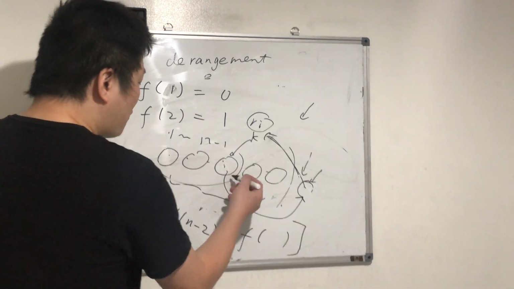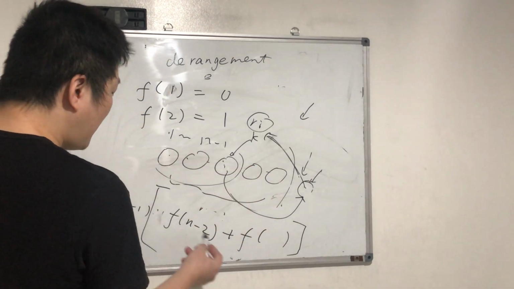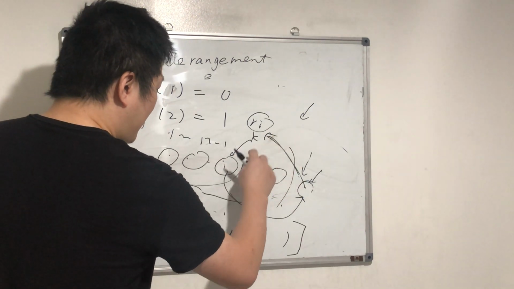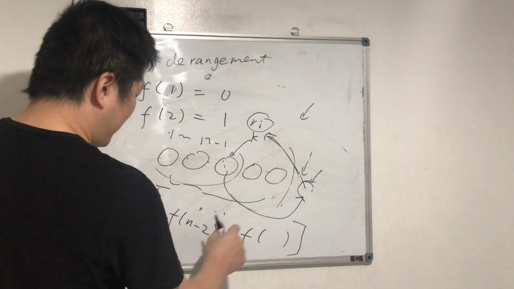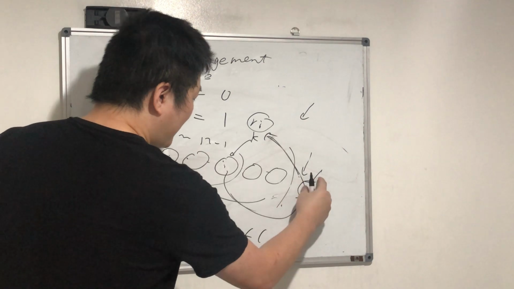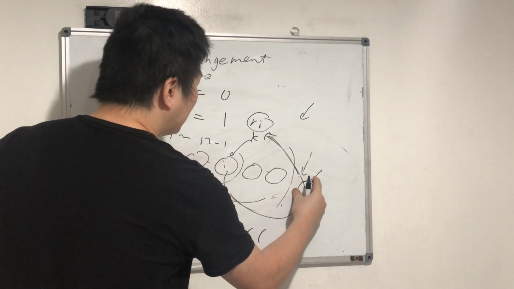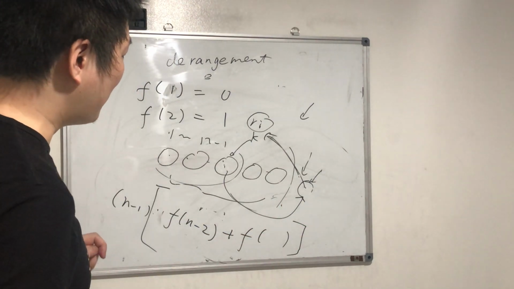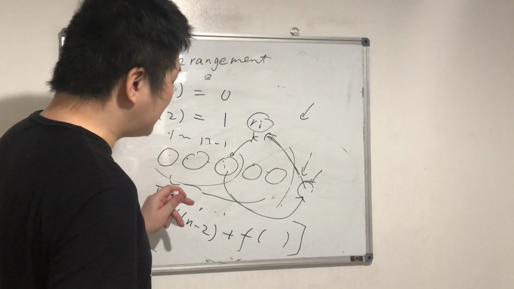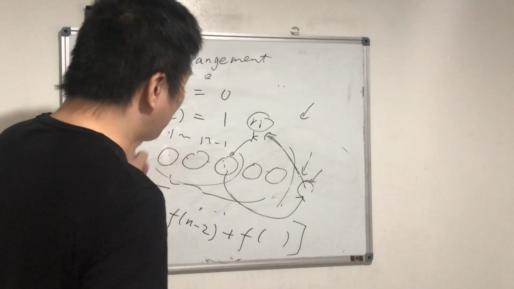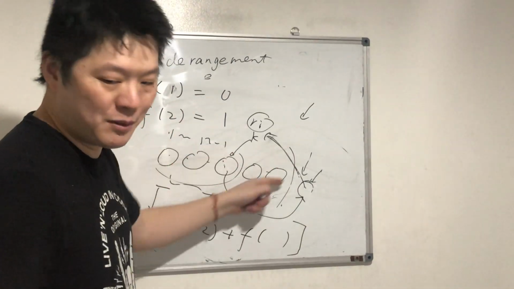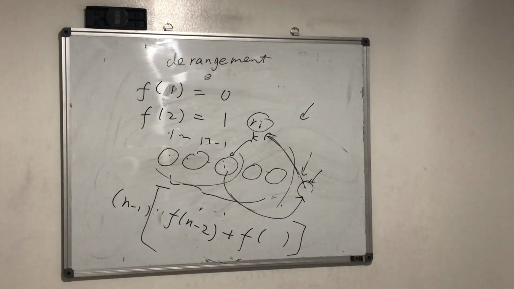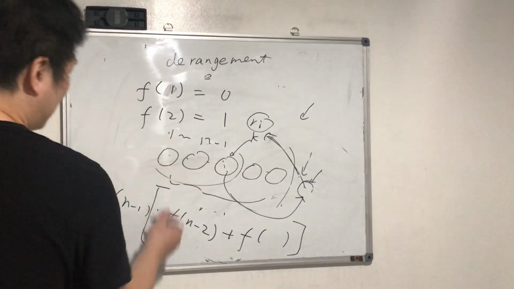So look, if I don't put the k here, how many positions can we put? So it means there are n minus 1 numbers that can permute, right? Do you get it? Let's see if this is true.